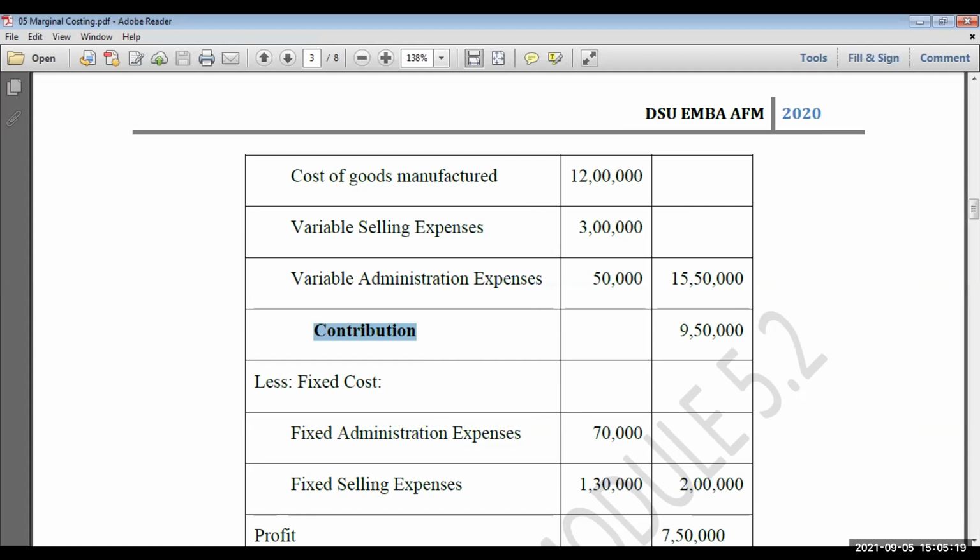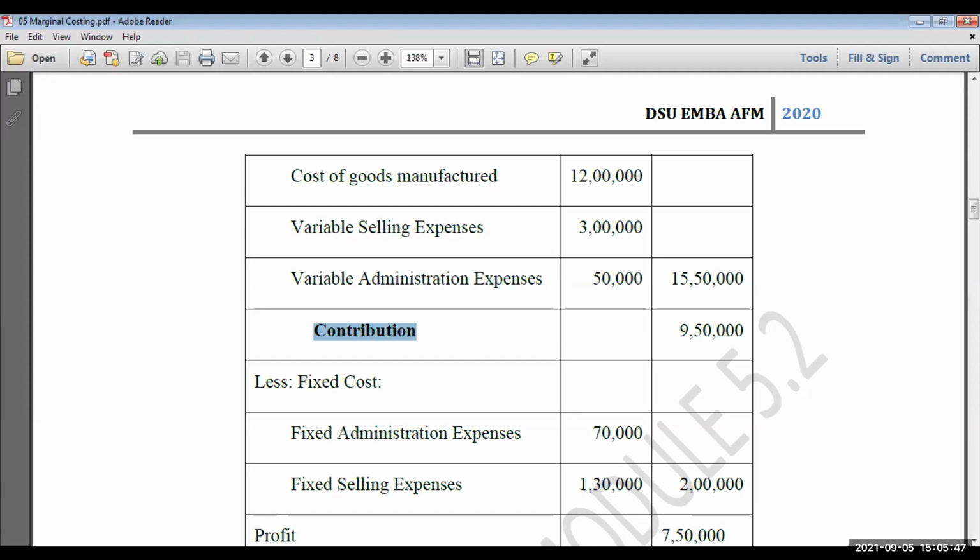Or you can say the excess of selling price over the variable cost is called contribution. If I sell a product for 25 rupees, the variable cost to make that product is 15 rupees, then what is the contribution? How much is that product contributing to recover my fixed cost? 10 rupees.